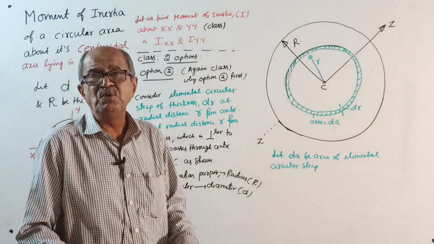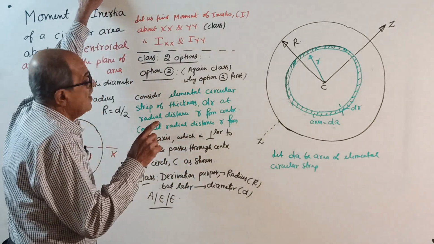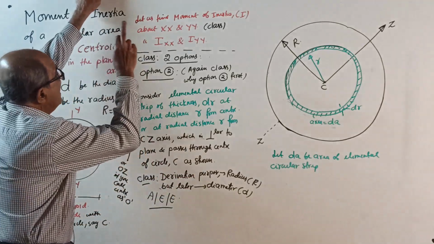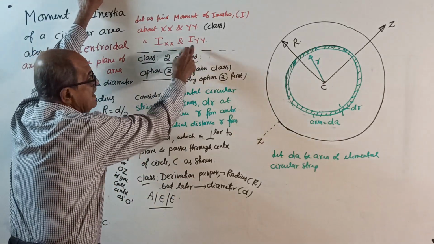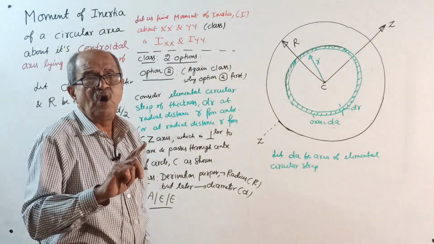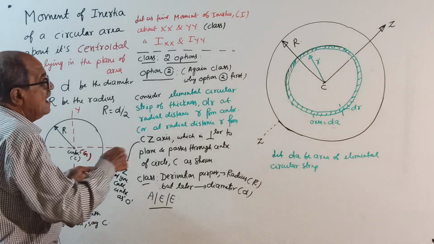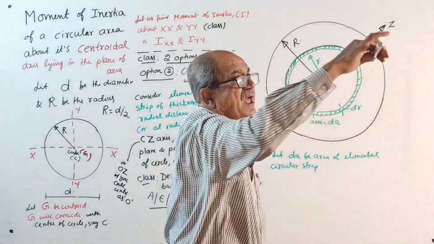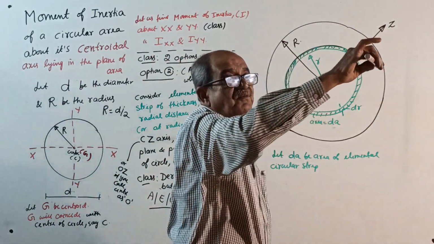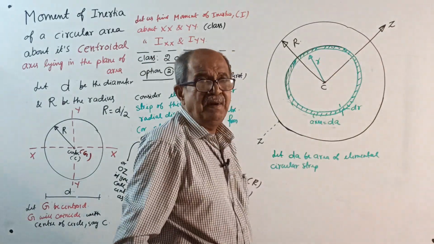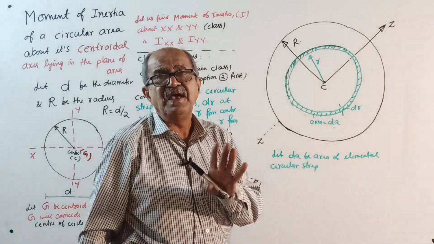Option 1 will give you directly IXX, IYY. But option 2 will not give you IXX, IYY. It will give you I about the perpendicular axis. Once you get that I, using the perpendicular axis theorem, you can get IXX, IYY.